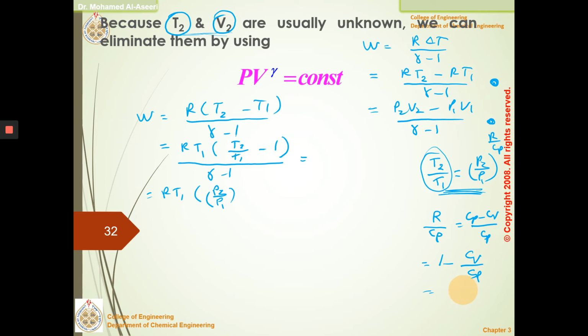If I re-express it by gamma, Cv over Cp is 1 over gamma. So it becomes 1 minus 1 over gamma, and with cross multiplication it is gamma minus 1 over gamma. So here I can replace it with gamma minus 1 over gamma.